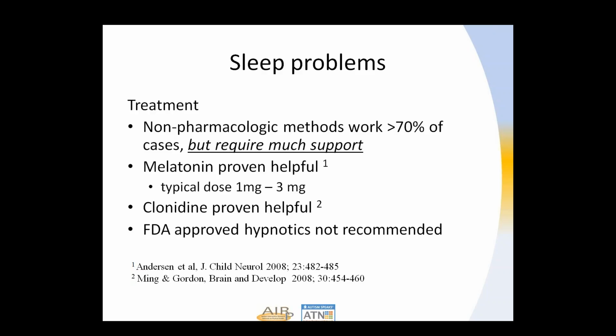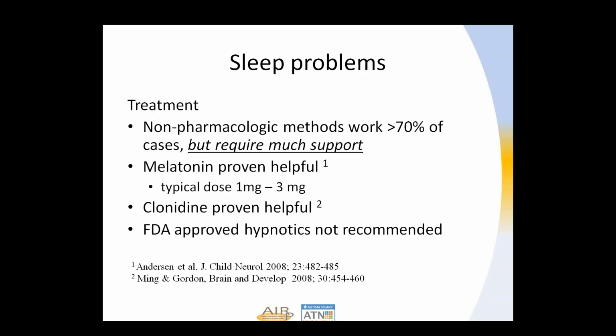That still leaves a fair number of families and children where we're not going to be successful, and we do have to sometimes turn to some medications. There is good scientific evidence out there that melatonin can be helpful in these cases. Several studies have shown that it is better than a placebo in helping promote drowsiness and onset of sleep.